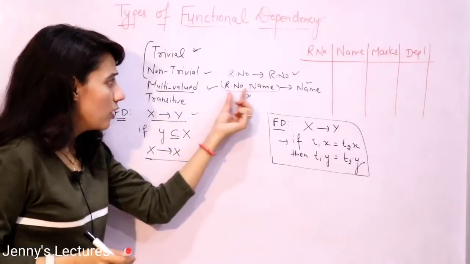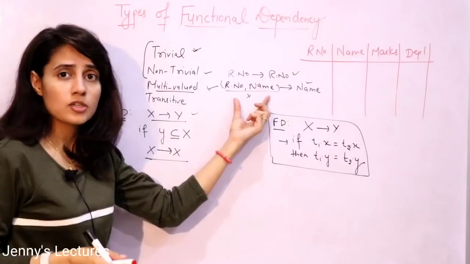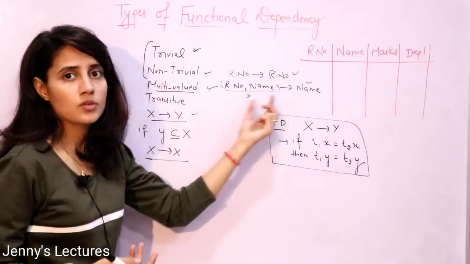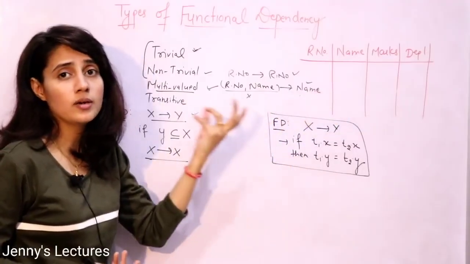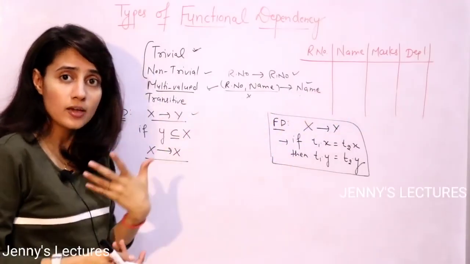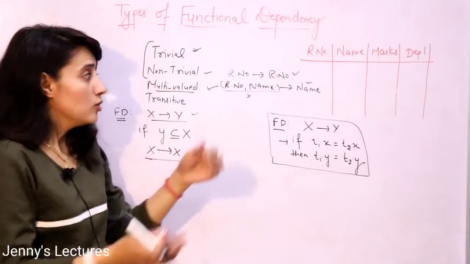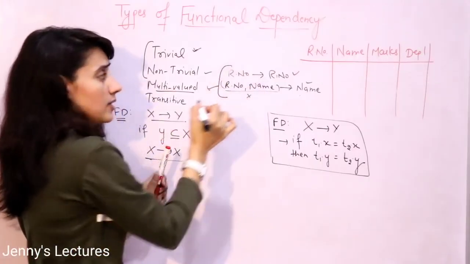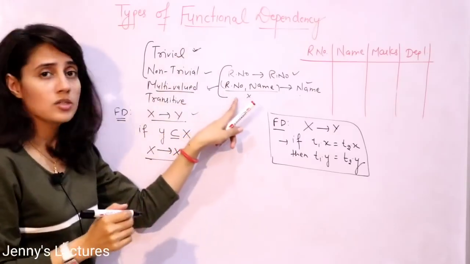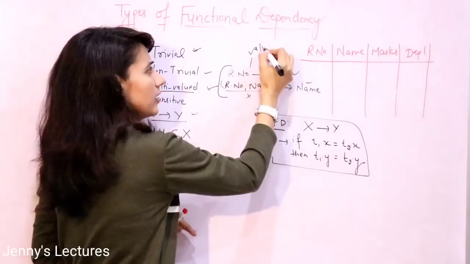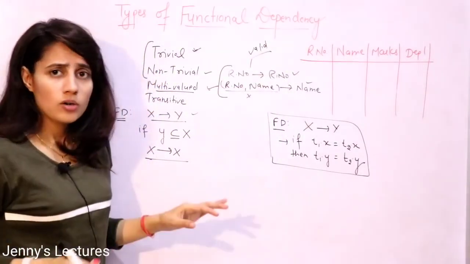Obviously if I tell you the roll number and name of a student and I am asking you to tell me the name of that student, then without looking at that table you can tell me the name, because I myself told you the name of the student, right? That is the reason that trivial functional dependencies are always valid. No need to check whether it is valid or not.